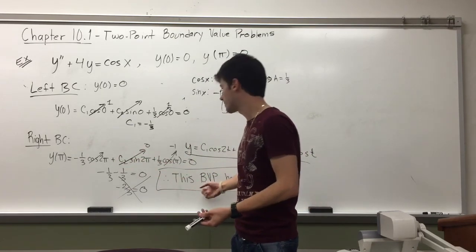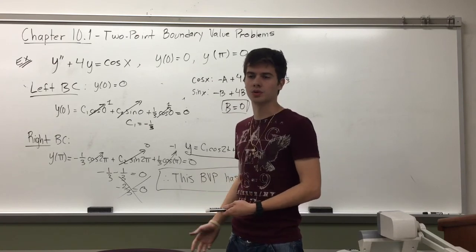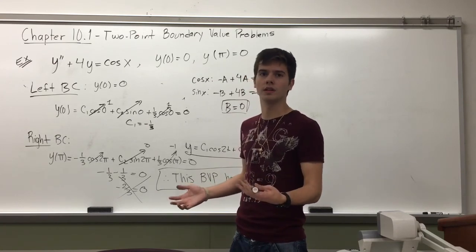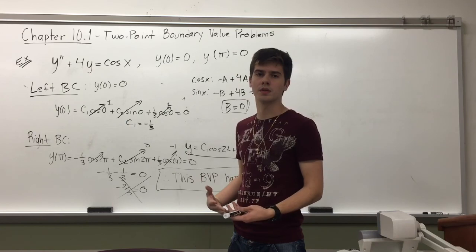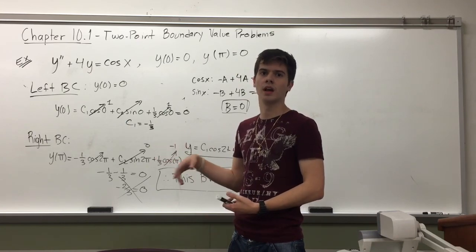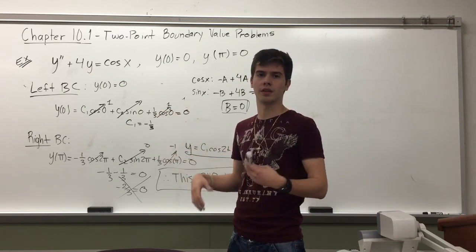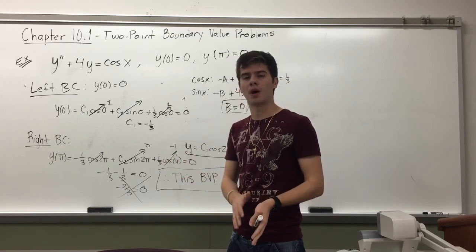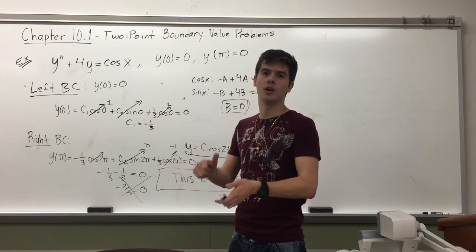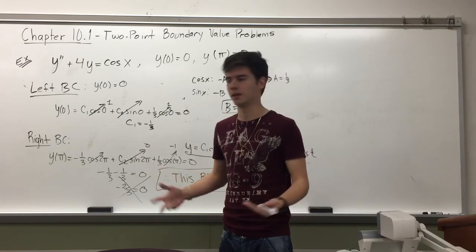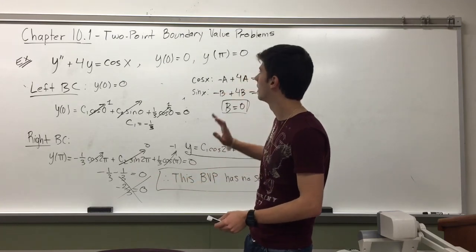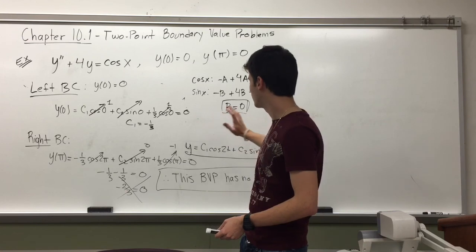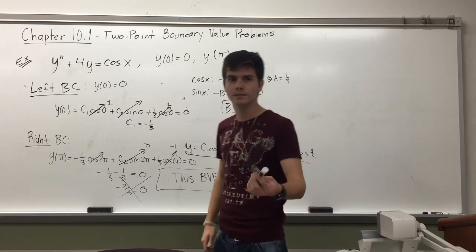In this case, it doesn't have any solutions, but in nonlinear boundary value problems, can we find specific numbers of solutions, like 25 or 30 solutions? In linear boundary value problems, it's either one solution, no solutions, or infinitely many. In this case, this BVP doesn't have a solution.